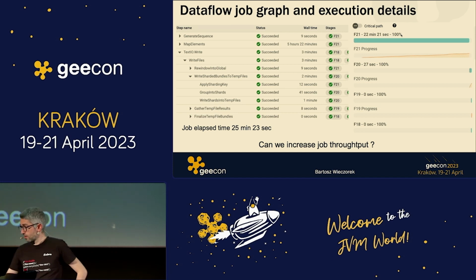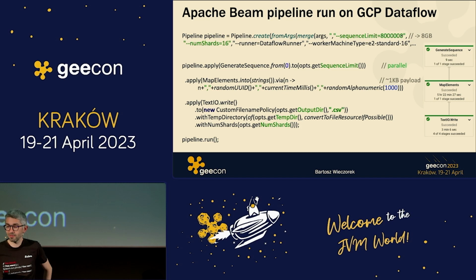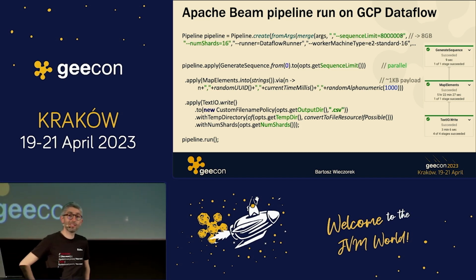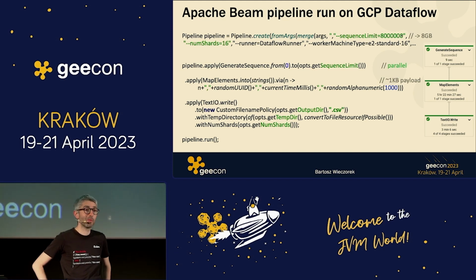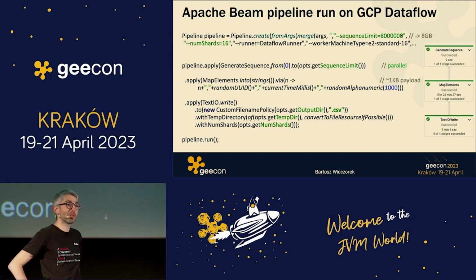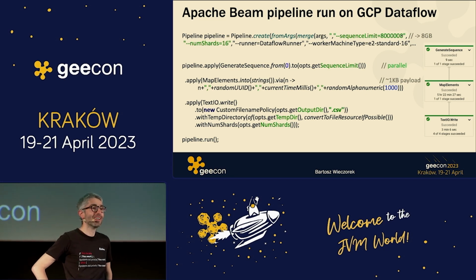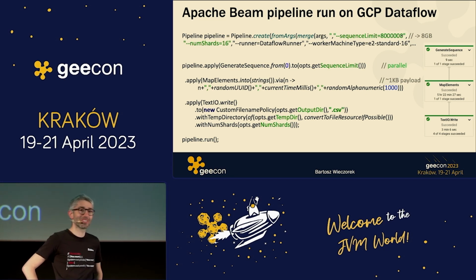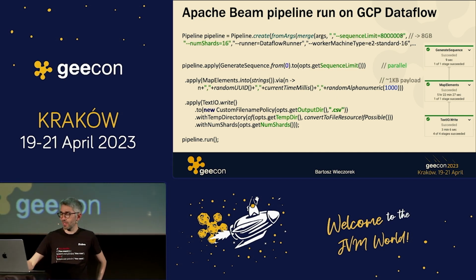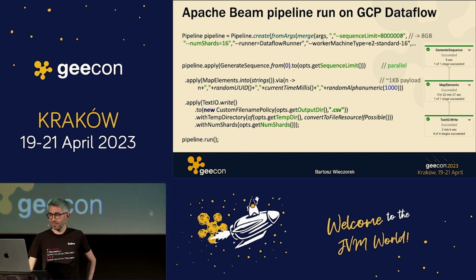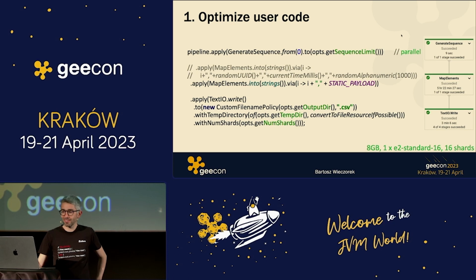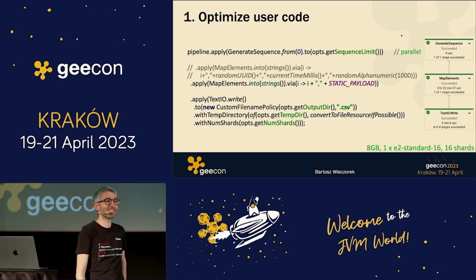So after a hint, let's get back. Map elements. That is what the metrics are recommending. What would be your very naive implementation to make this step faster? Awesome. Okay, let's do that. That would be a very, very simple change. Use the sequence and the static payload.